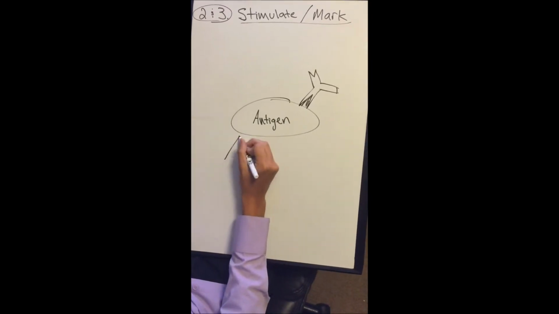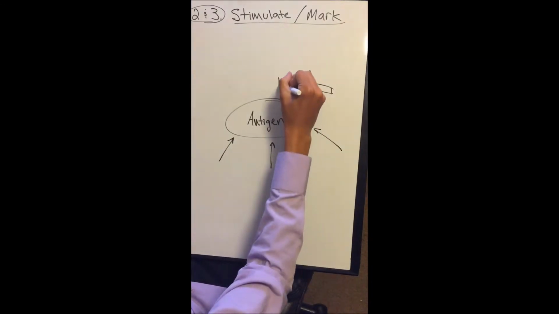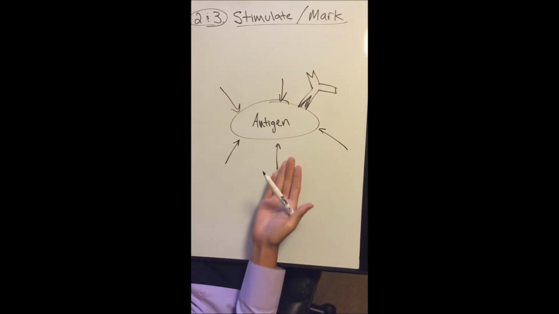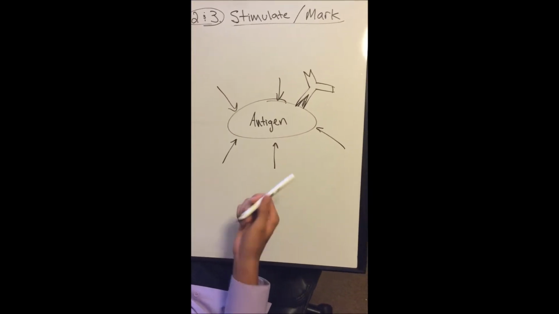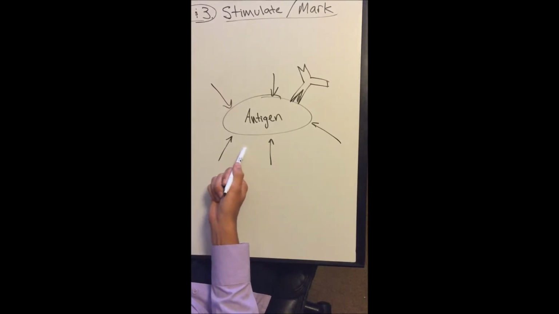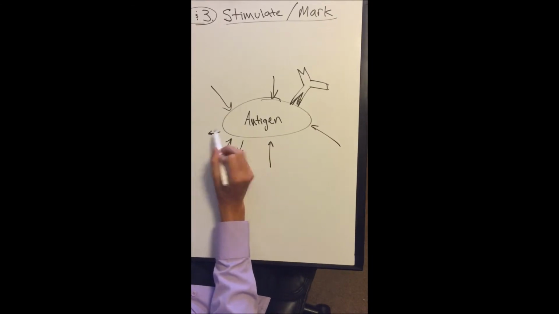These complement proteins highlight the antigen for other cells to come kill it. If it doesn't do that, the complement protein could also cause a burst within the antigen cell, instantly killing it. So it just explodes.